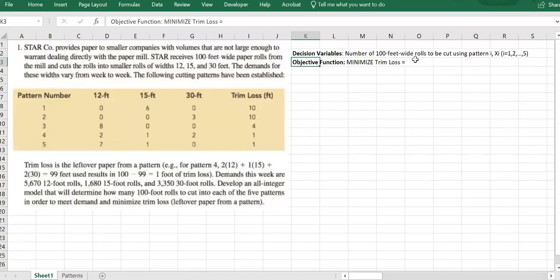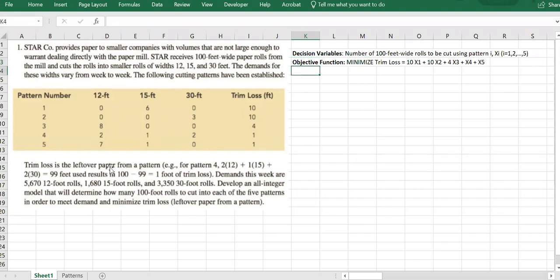So I'm just going to write it this way: 10 times x1, plus 10 times x2, plus 4 times x3, plus 1 times x4, plus 1 times x5, right? So that's what we want to minimize.